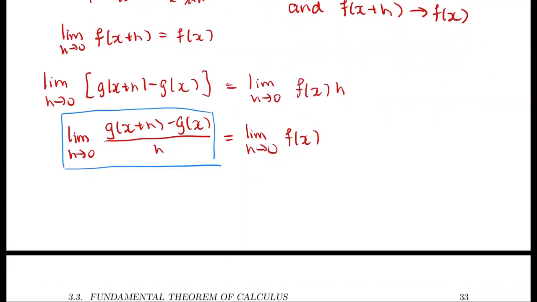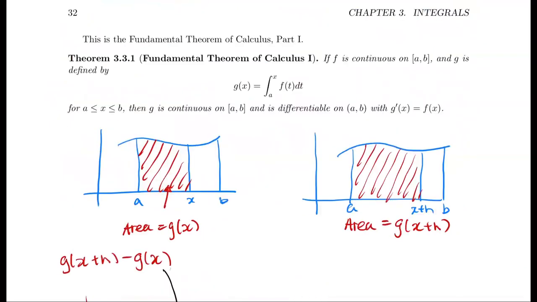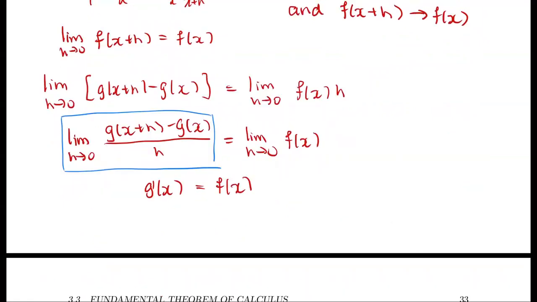So that's going to be G prime of X then, right? So we have G prime, and the right-hand side simply becomes f of X. So that's where the third condition of Fundamental Theorem of Calculus part 1 comes in, which is this part over here. So that's the Fundamental Theorem of Calculus.